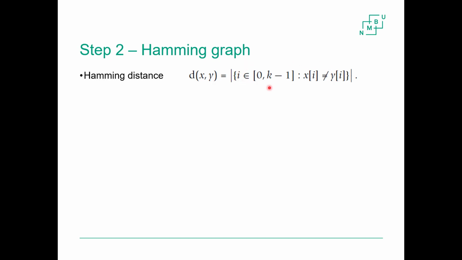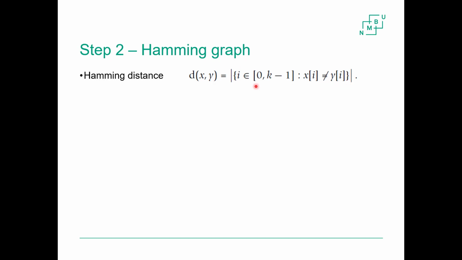So this is a way of saying, look at all the positions in the k-mers where the k-mers differ. Not equal, right? Only those positions where these two k-mers differ. So these curly braces are this set of positions.